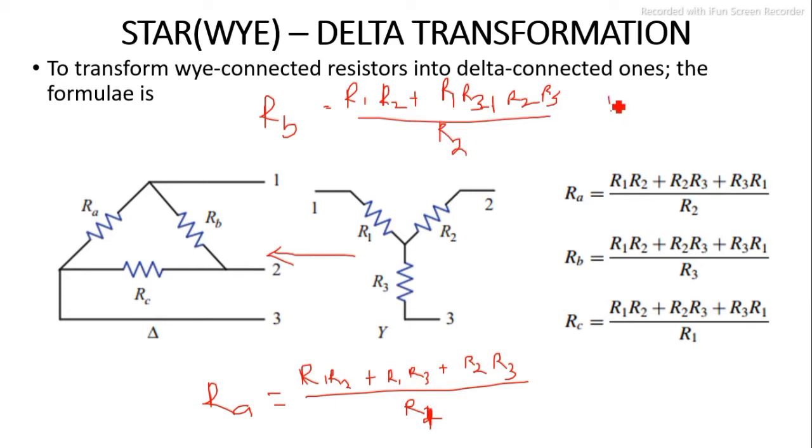Now to get to RC, it will be R1 R2 plus R1 R3, same thing, plus R2 R3. You notice that the numerator is the same for all, but what differs is the denominator. This is R1, this is R2, that means this has to take the third one, which is R3. So that's how you transform from your Y to your delta connection.